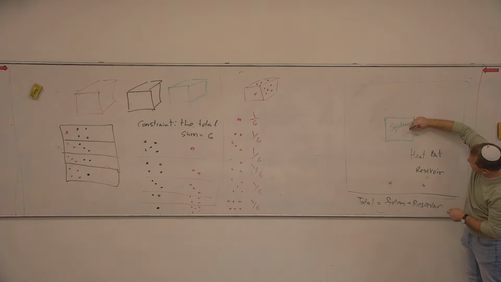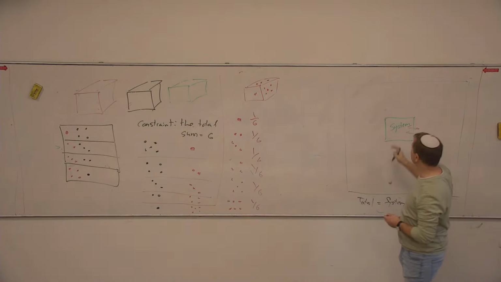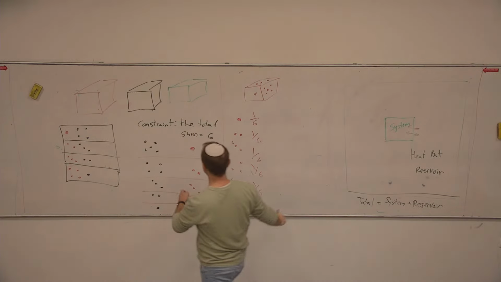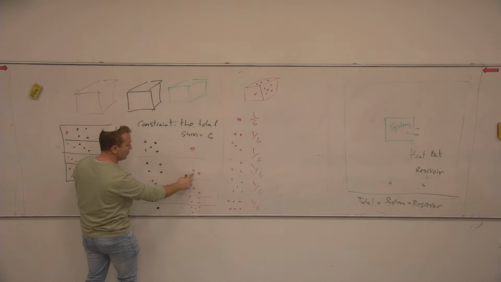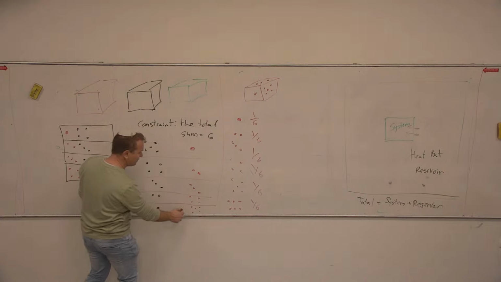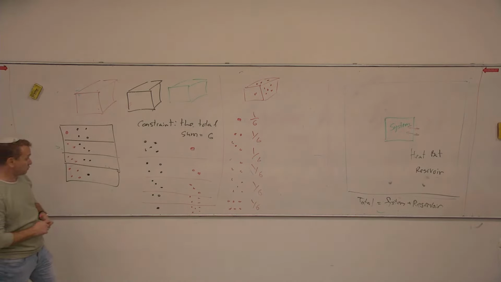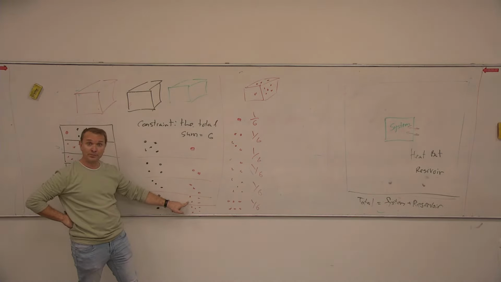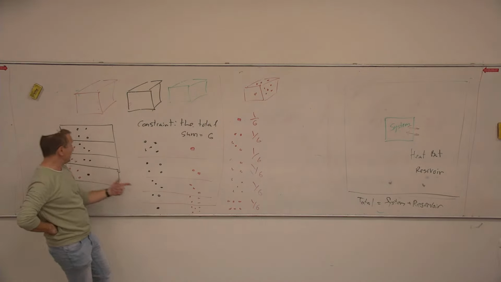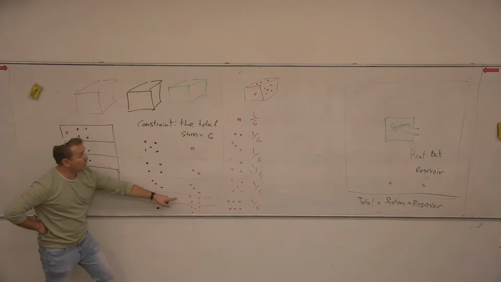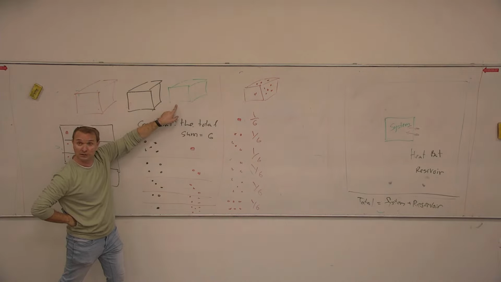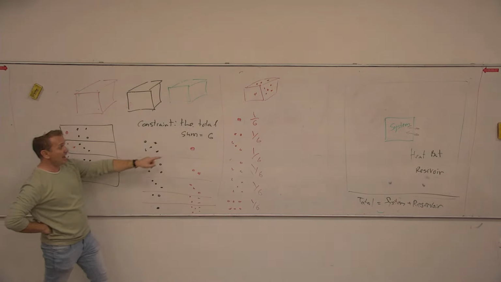So my system can actually have different states. It's 1 and 2 and 3 and 4 and 5. So, for example, if I have 4, there are fewer states for my green dice than if I have 1.